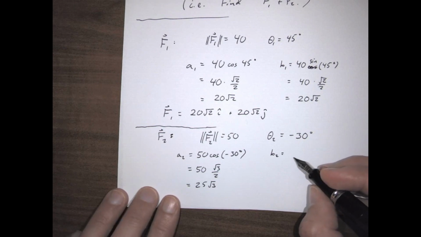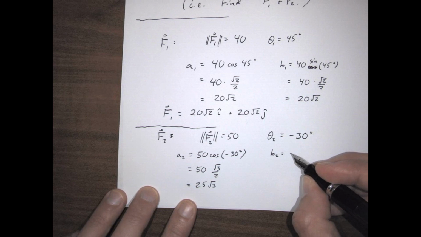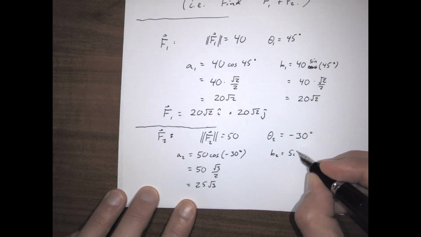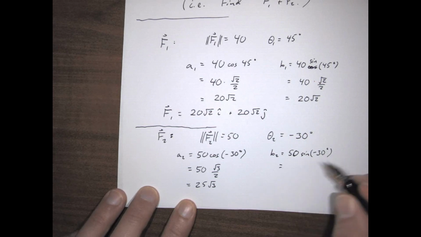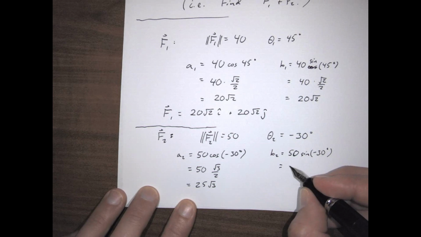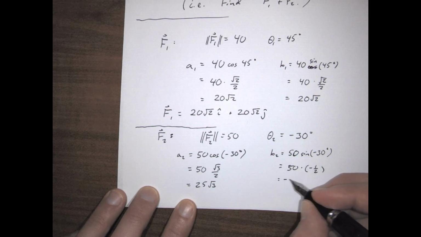B2 is going to equal 50 sine of negative 30 degrees, which is equal to 50 times negative 1/2, which is negative 25.